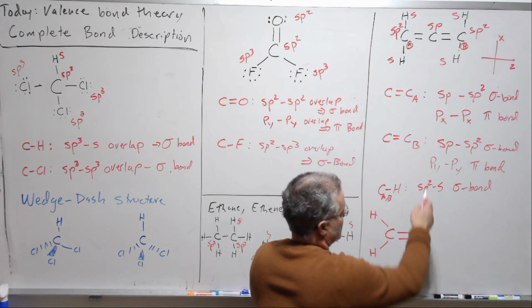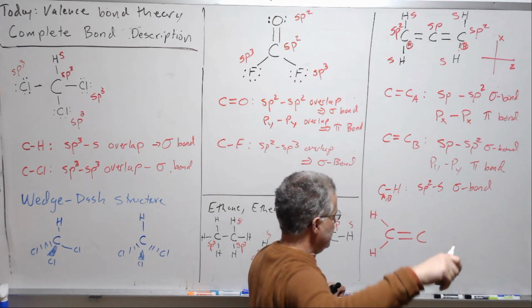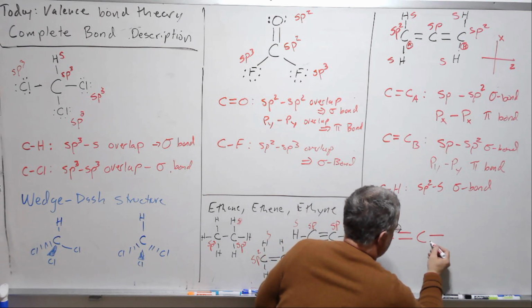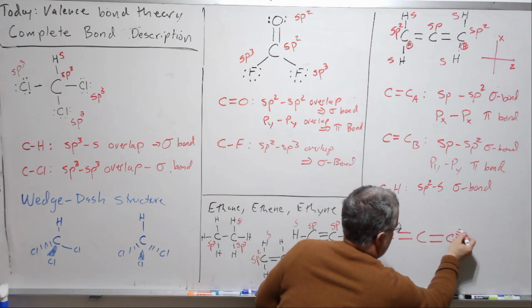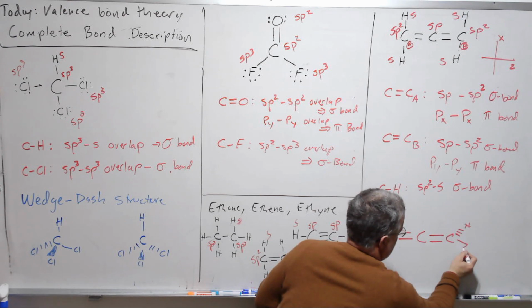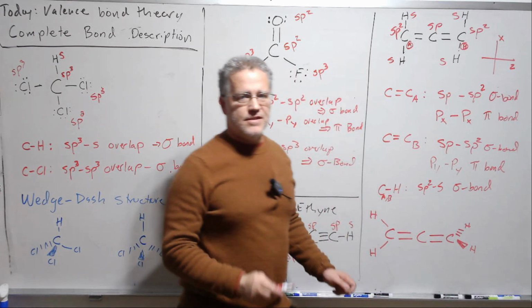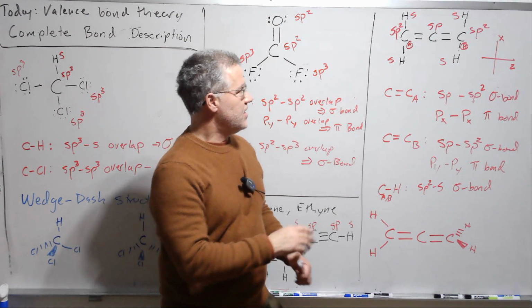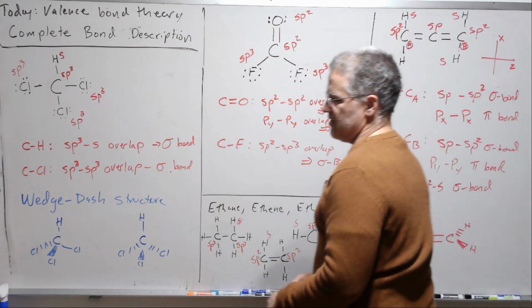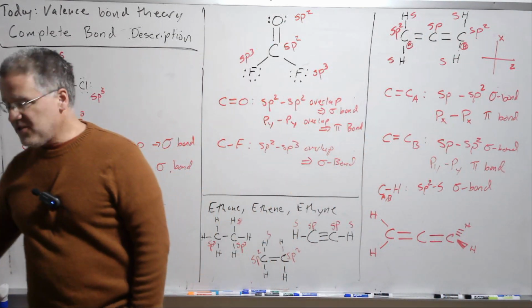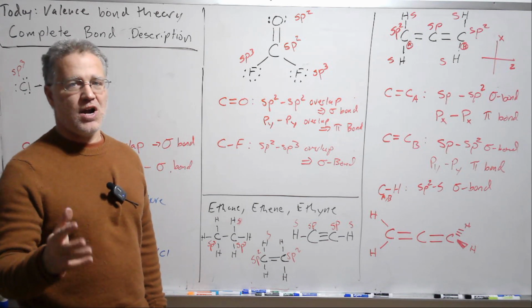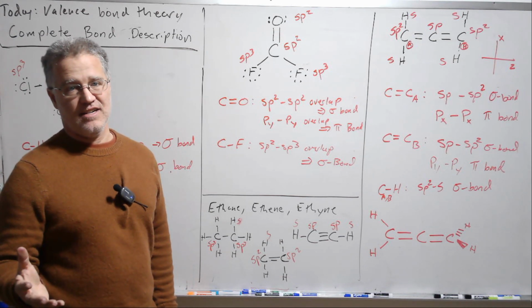But now this one has to be rotated. So this is going to be like that, not in the plane. So this is not a planar molecule, and we have to know the complete bond description in order to get that right.